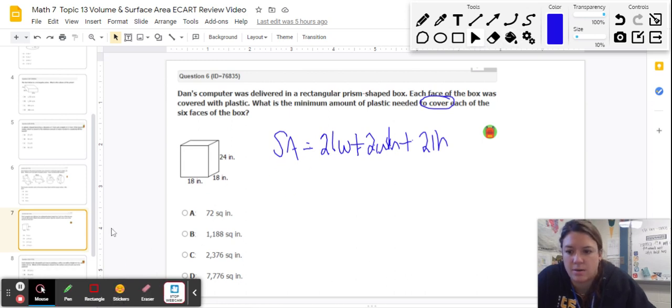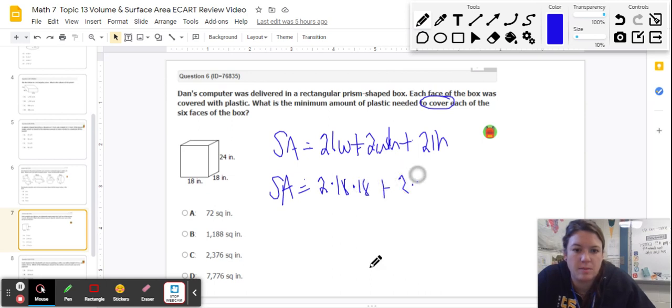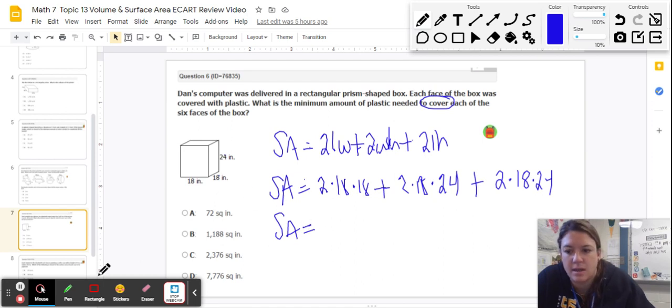Okay. So into Desmos, you're going to put 2 times 18 times 18 plus 2 times 18 times 24 plus 2 times 18 times 24. So I did 18 times 18, 18 times 24, 18 times 24. All right. Go ahead and put that in Desmos and see what you get.